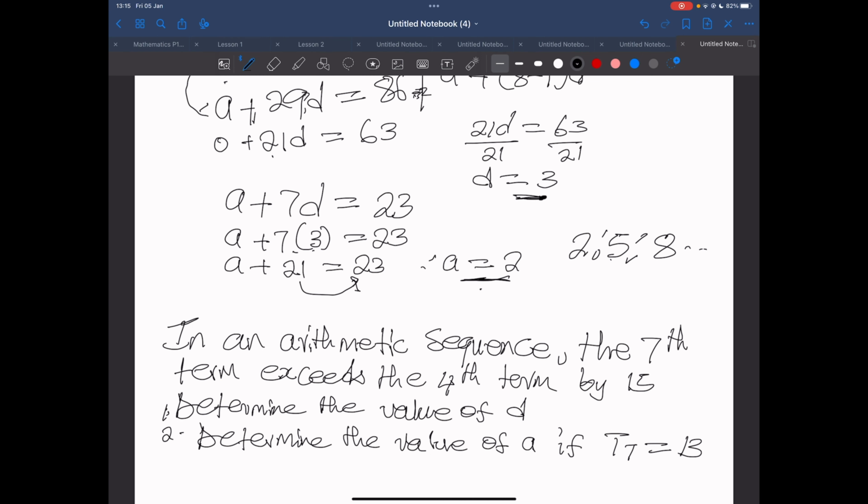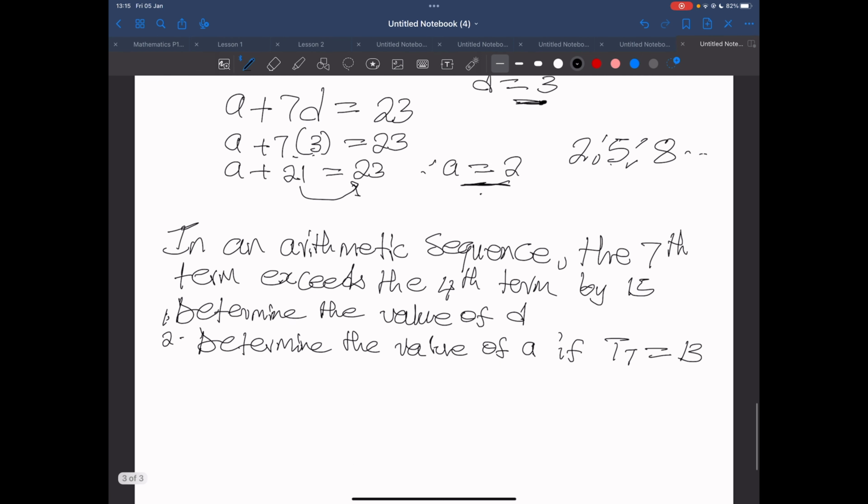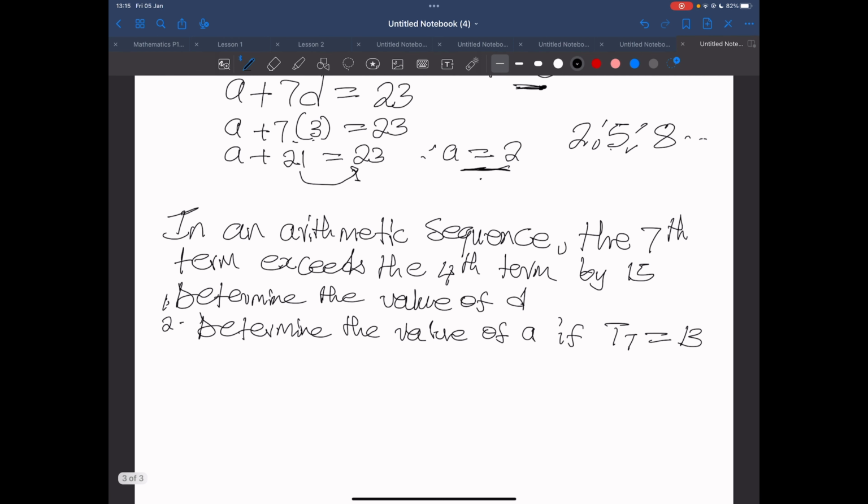So let's look at this. We have our question. Now, we know we are dealing with an arithmetic sequence. In an arithmetic sequence, the seventh term, let's write term 7. So term number 7, we know that it is a plus 6d. And what else do we have?